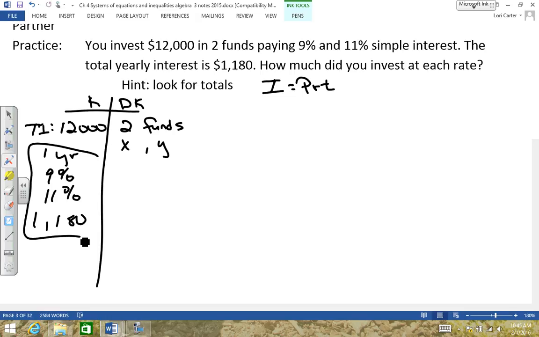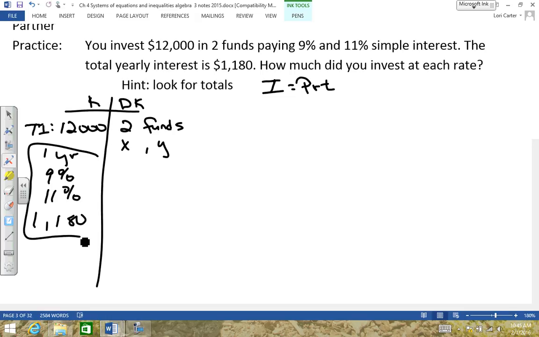Principal, what's your principal then? 1,180. Nope. 1,180 is how much interest you get. 13,180 for the principal? Would it be 13,000? How'd you get 13,180?